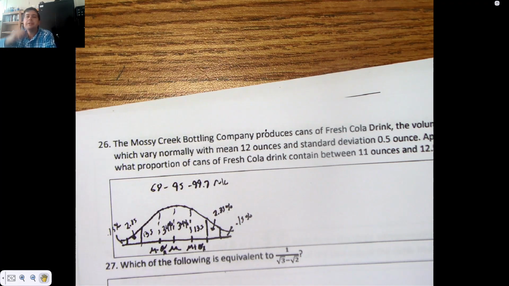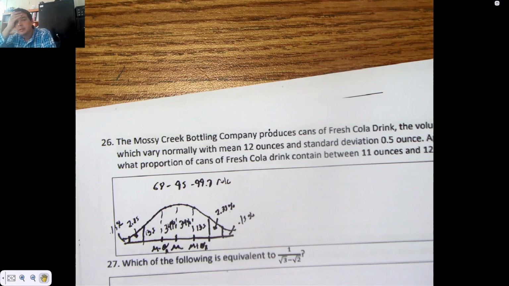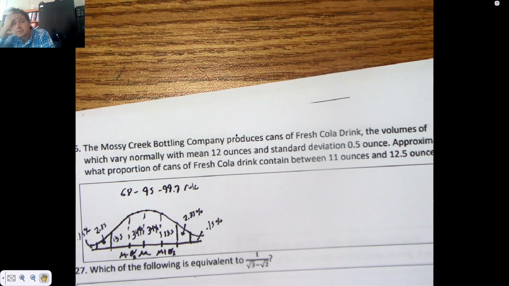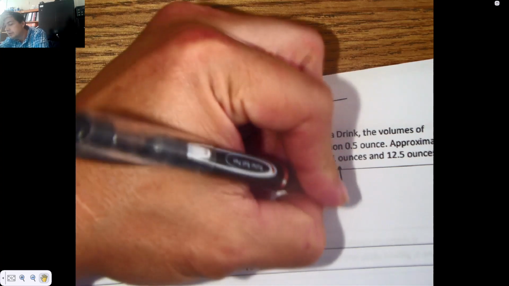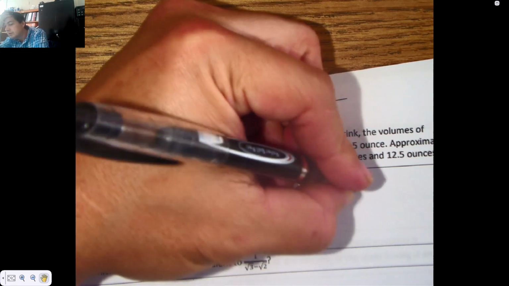Now this is a ridiculously easy question. A mean of 12 ounces and a standard deviation of a half an ounce. Approximately what proportion of cans of fresh cola drink contain between 11 ounces and 12.5 ounces? So this is two standard deviations left, and this is one standard deviation right.